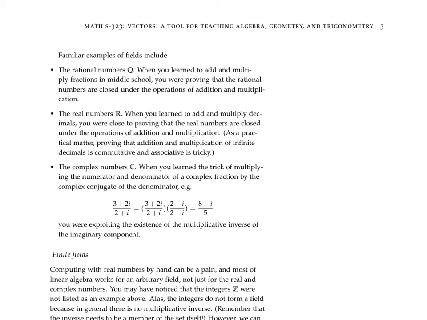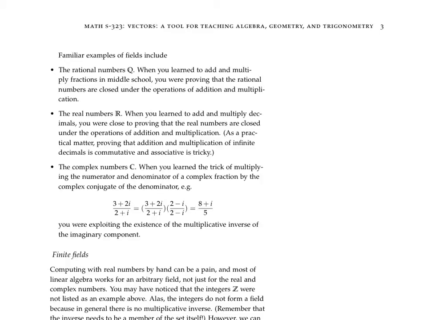When you learn to add and multiply fractions, when you teach your students how to not think about division as a separate thing from multiplication, but instead multiplying by a fraction, you're actually proving that the rational numbers are closed under the operations of addition and multiplication. What does that mean? That means that if you add two rational numbers together, you'll get another rational number.